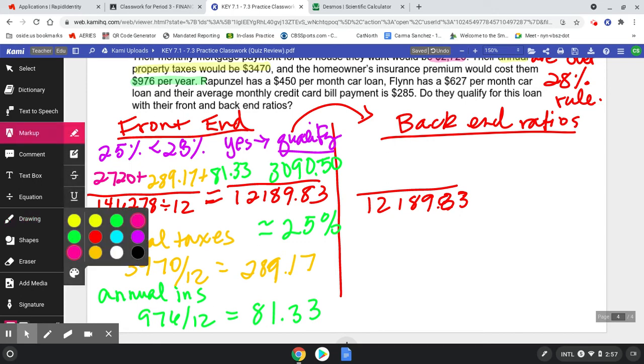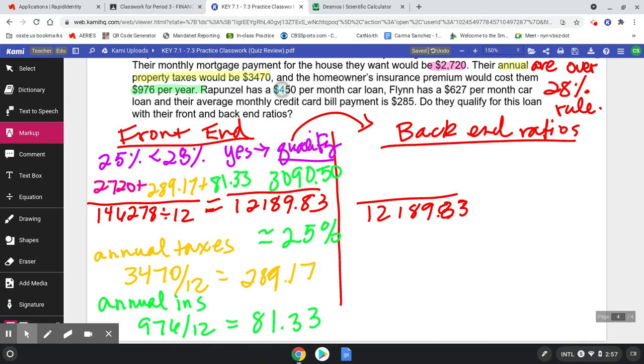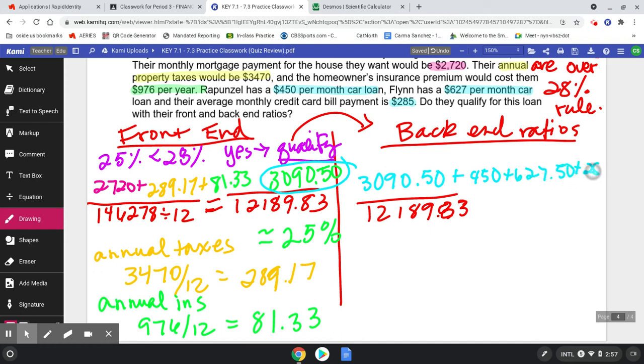Go back up and look, what were those other debts again? Rapunzel has a $450 a month car loan. Flynn has a $627 car loan. Credit card bill is $285. So we're going to take the whole housing expense from the first part, and we're going to add her car loan plus his car loan plus their credit cards of $285.